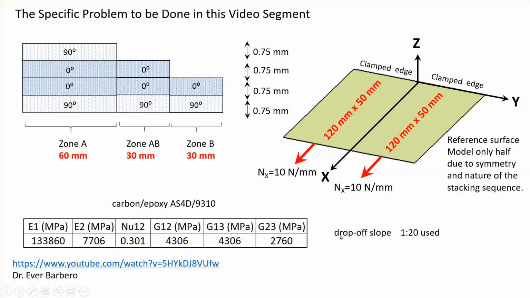Now, the concept of a drop-off zone or transition zone: there's a rule of thumb that people use. They say that the slope, basically the difference between the height of the thick section and the thin section, so the height of the drop-off divided by the length of this transition zone, should be somewhere between 1/16 and 1/20 ratio.